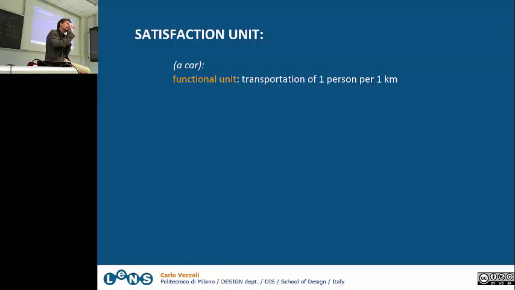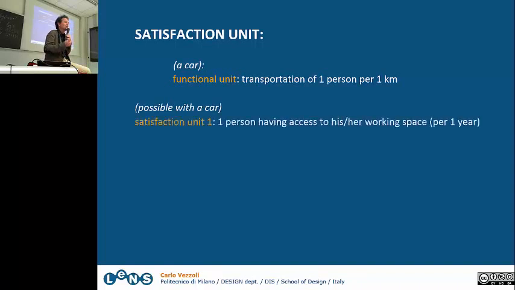But if we move from product to wider system and to satisfaction or unit of satisfaction, actually with a car it's possible to do different things, as I even said before. One satisfaction that we can have through a car is, for example, that I'm not using a car, sometimes car sharing, okay, but I could be coming here to my working place at the university.